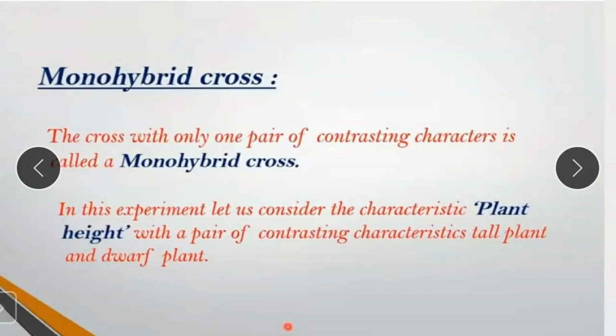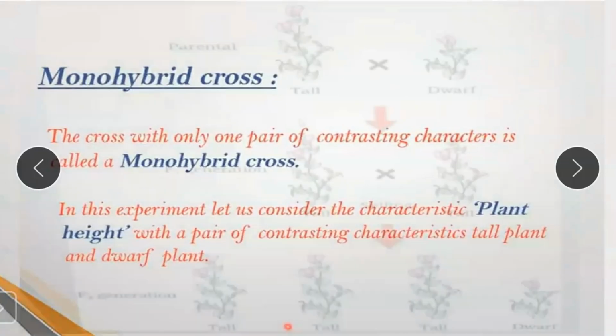From the term itself we can understand: what do you mean by mono? A single or one. So in this experiment, let us consider the characteristic of plant height with a pair of contrasting characters, that is the tall plant and the dwarf plant. The common characteristic is plant height, and height can be tall or dwarf.